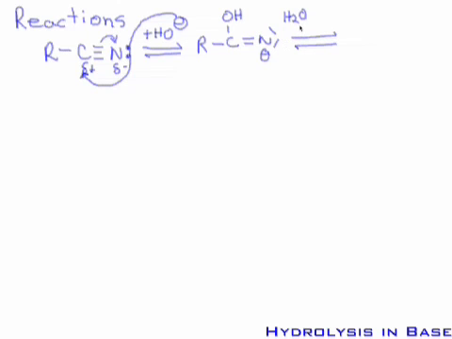And N- is sufficiently basic, even on an imine, to abstract a proton from water and produce more OH-. So H2O comes in, produces the OH-, and we get RCOH, double bond NH. We get what looks like an imine.